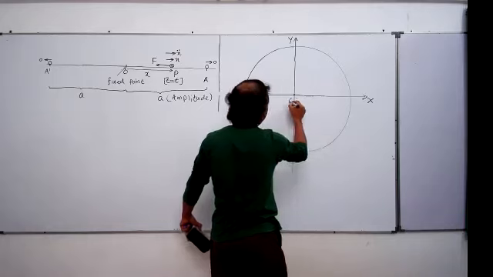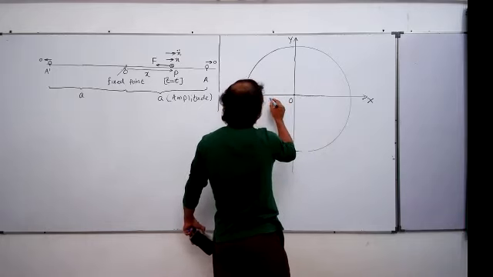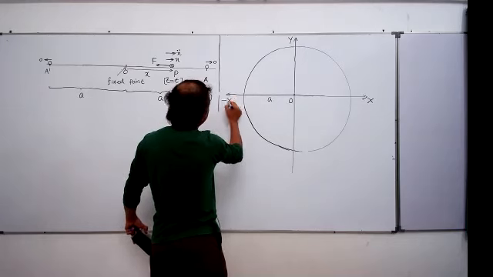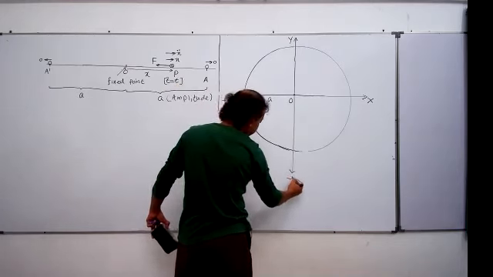This is O. People, center is O, radius is A. This is the negative X-axis. This is the negative Y-axis.